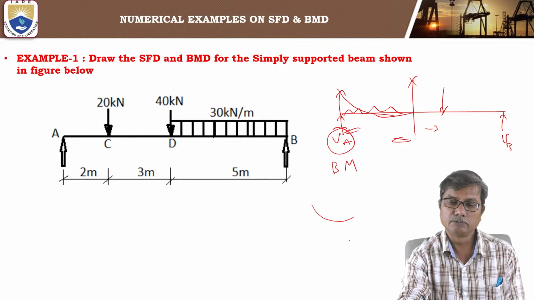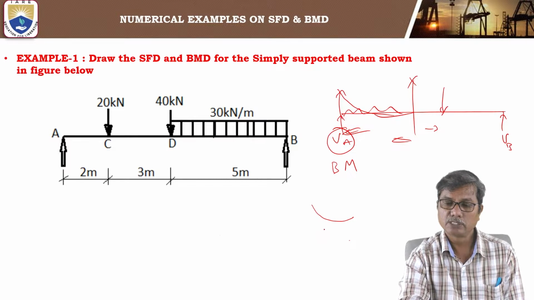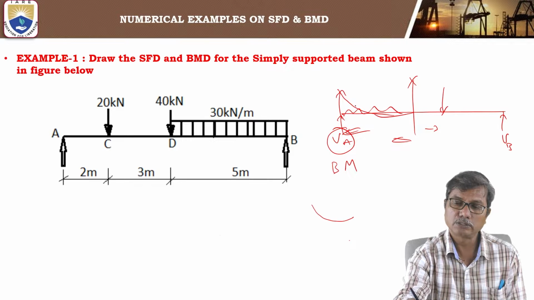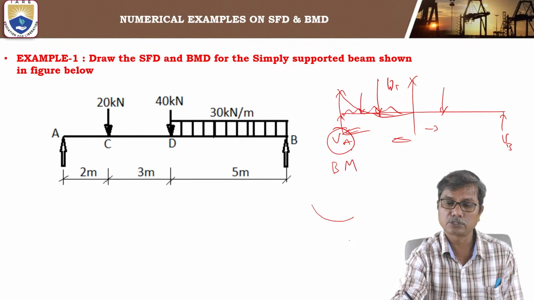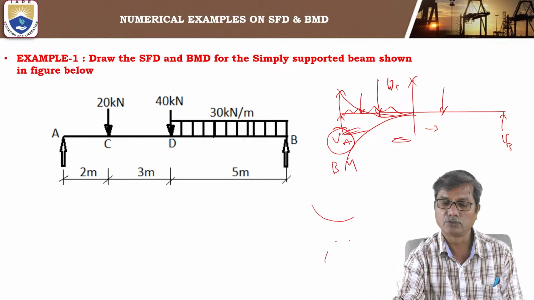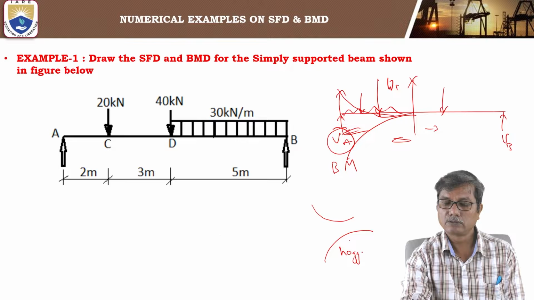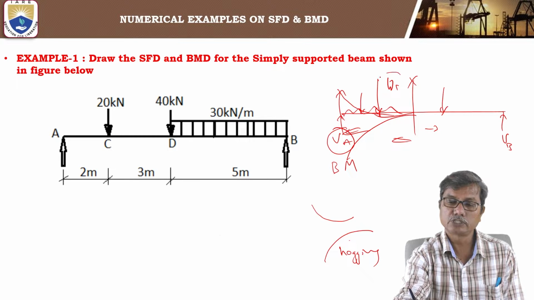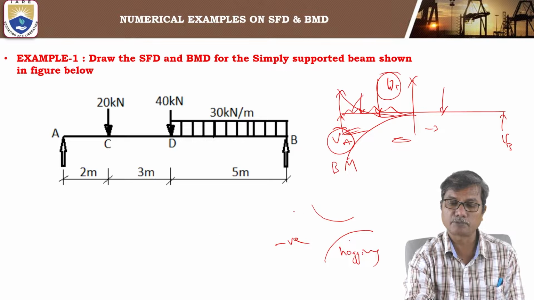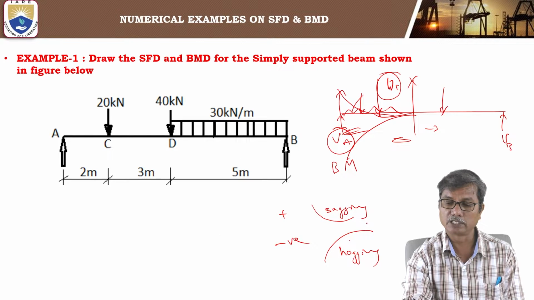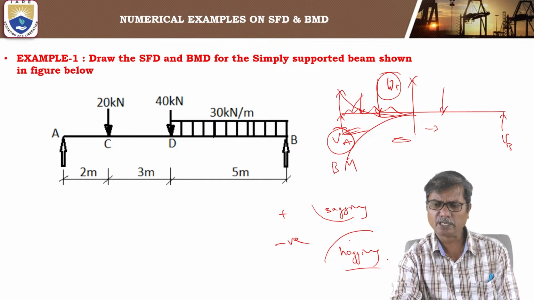So the moment due to VA is positive, and the load W1 and UDL produce hogging, downward bending, something like this. So the moments due to these forces are negative. So sagging moments are positive and hogging moments are negative.